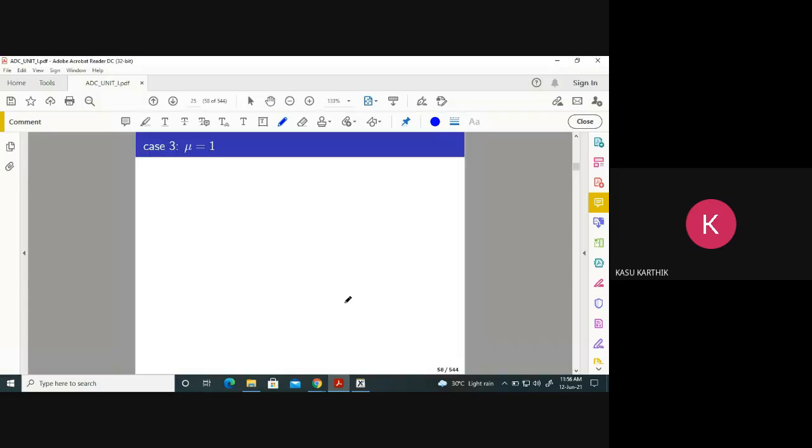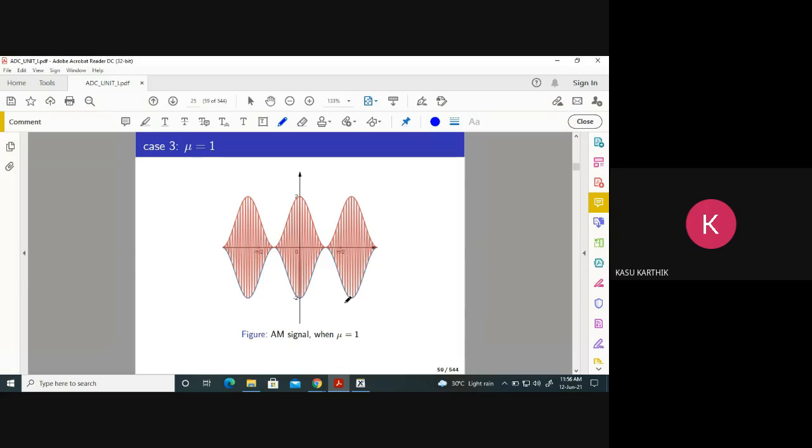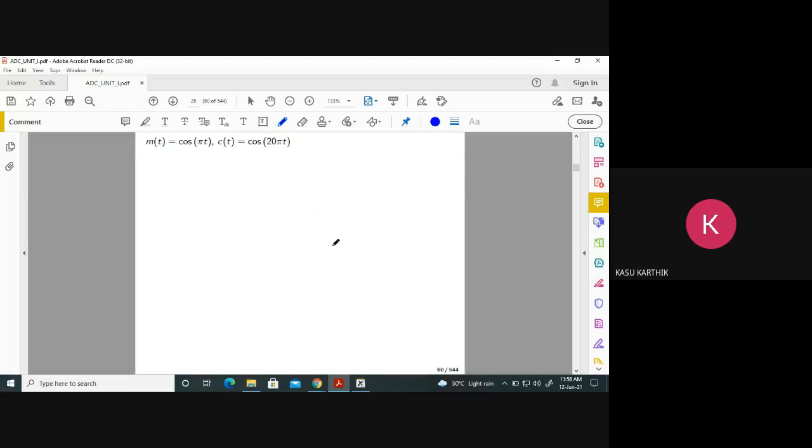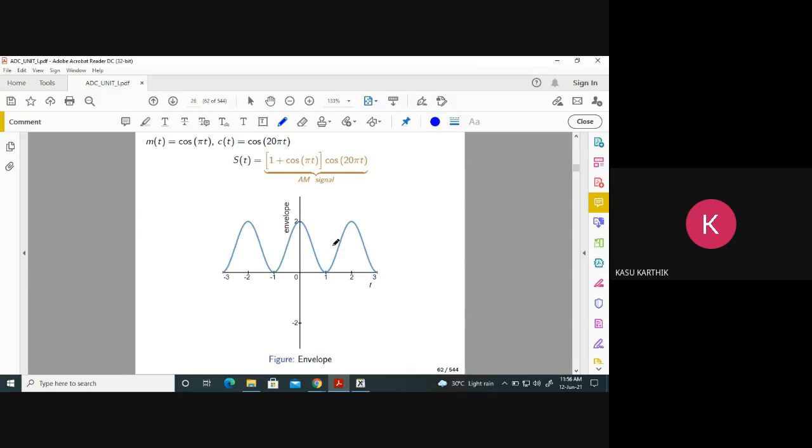Yeah. So let us see this. This is an AM waveform. What is happening? It is just touching the axis. This is the envelope. So here m of t is cos pi t, c of t is cos 20 pi t, mu equal to 1, let us take.